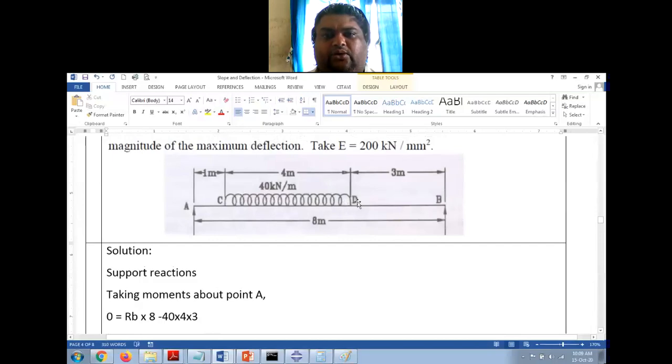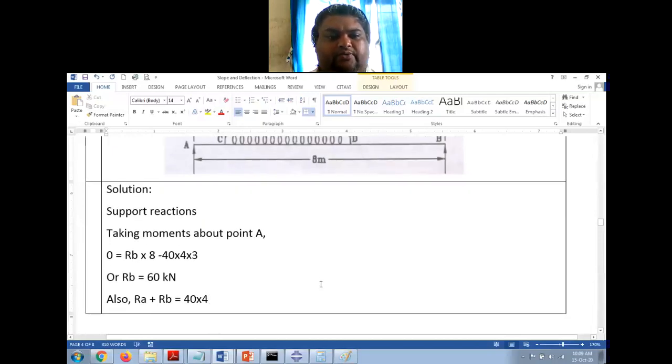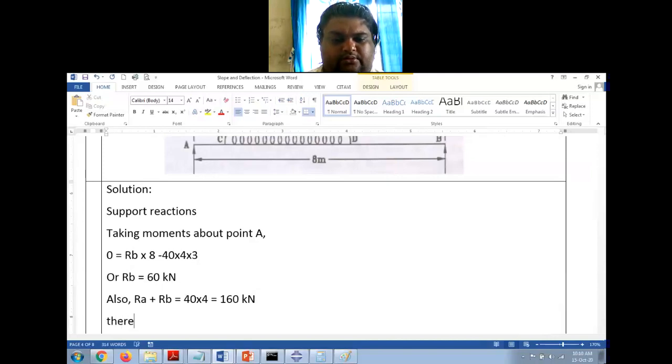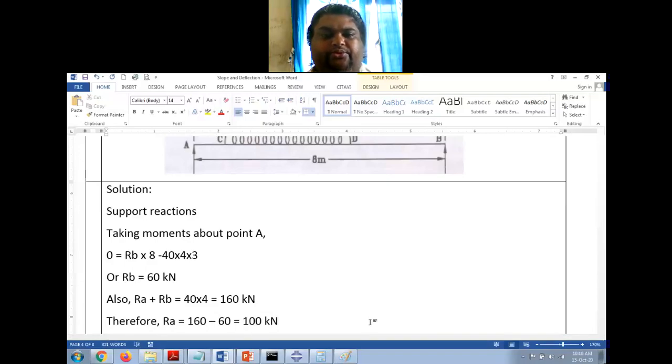That is the only load on the beam, our UDL. So this will be 160 kilonewton. Therefore, RA is equal to 160 minus 60, that is 100 kilonewton. So I have found the support reactions.